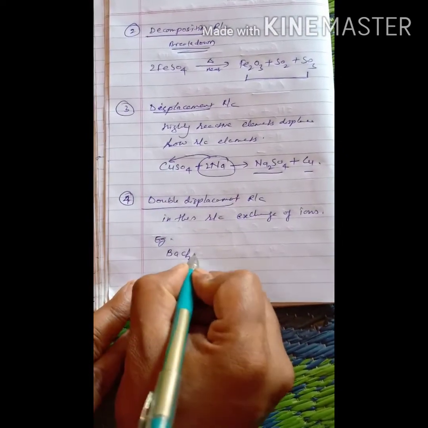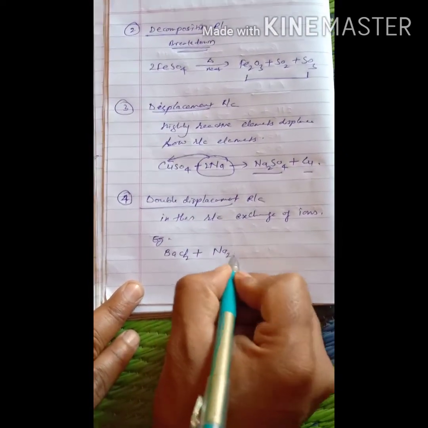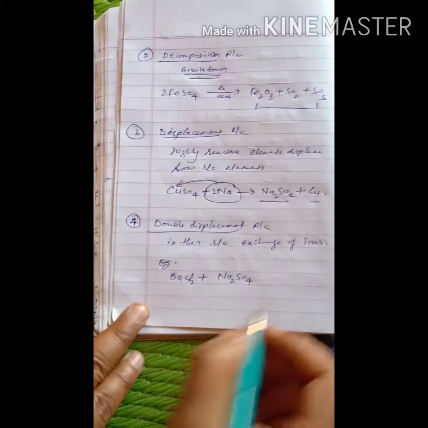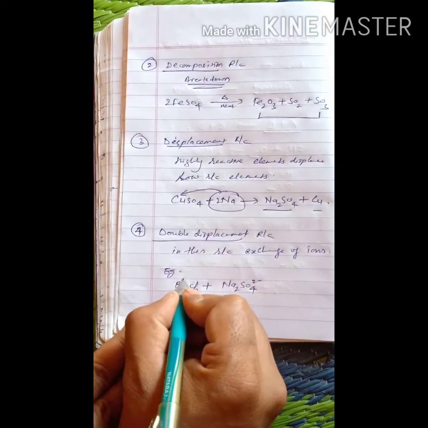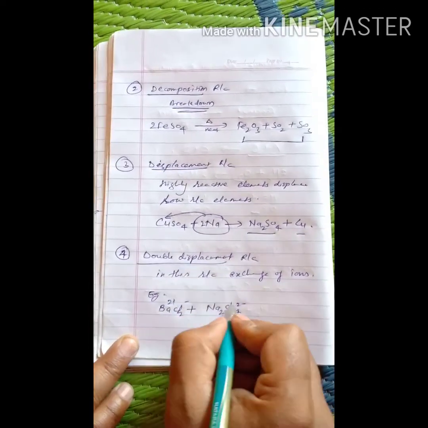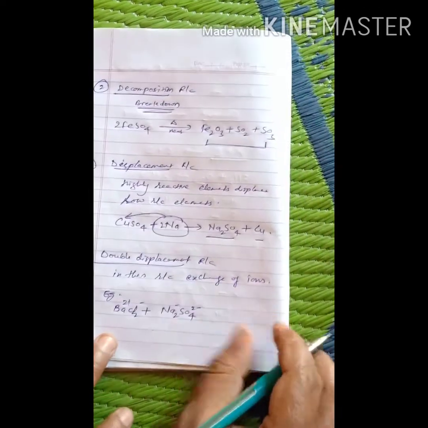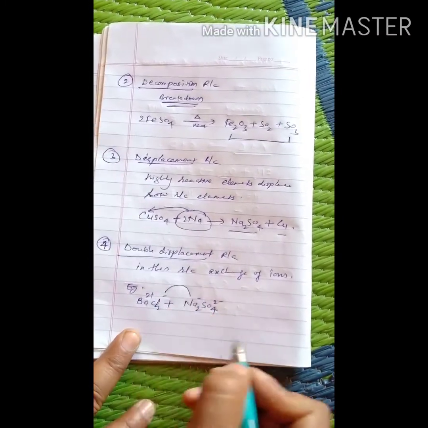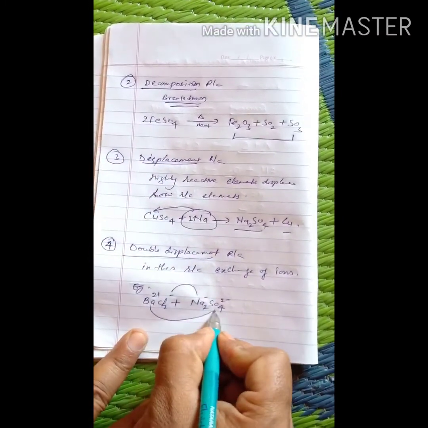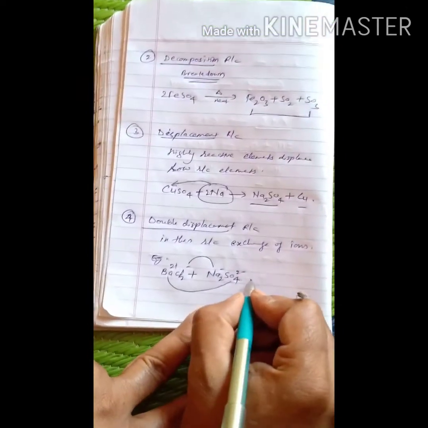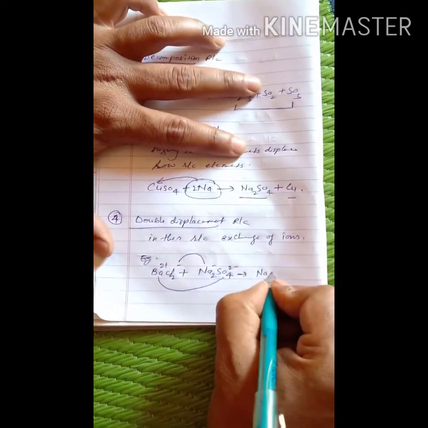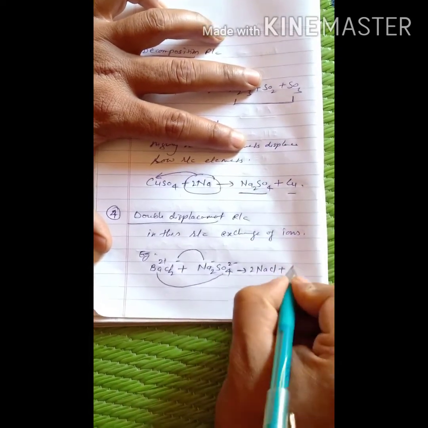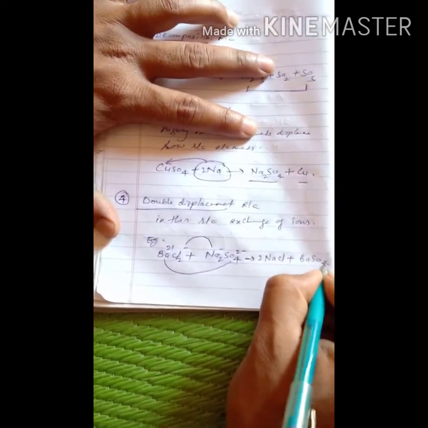Barium chloride reacts with sodium sulfate. Here sulfate has a di negative charge and barium has a di positive charge. Chlorine has single negative and sodium has single positive. So single negative reacts with single positive and di positive reacts with di negative. This is called exchange of ions. So they form sodium chloride plus barium sulfate.